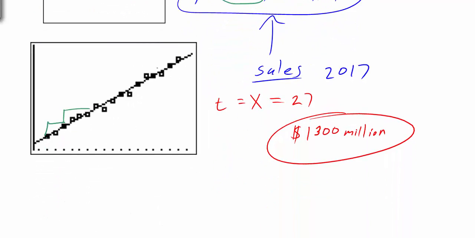Now, this is a nice graph. Again, keep in mind this is your x-axis, in this case time, and this is our y-axis, which we are representing with sales.